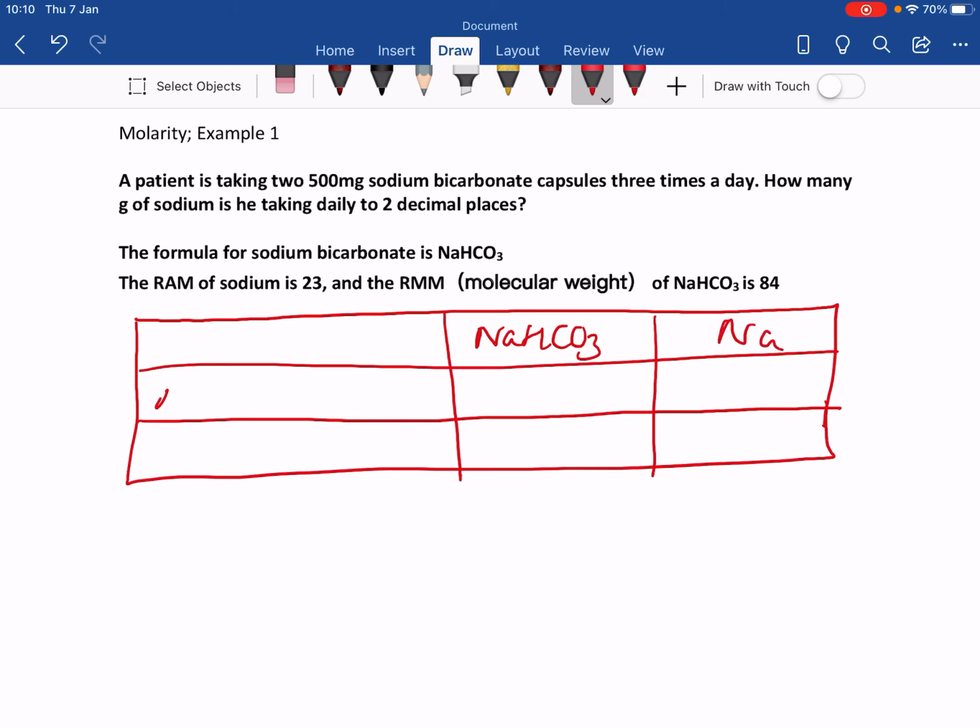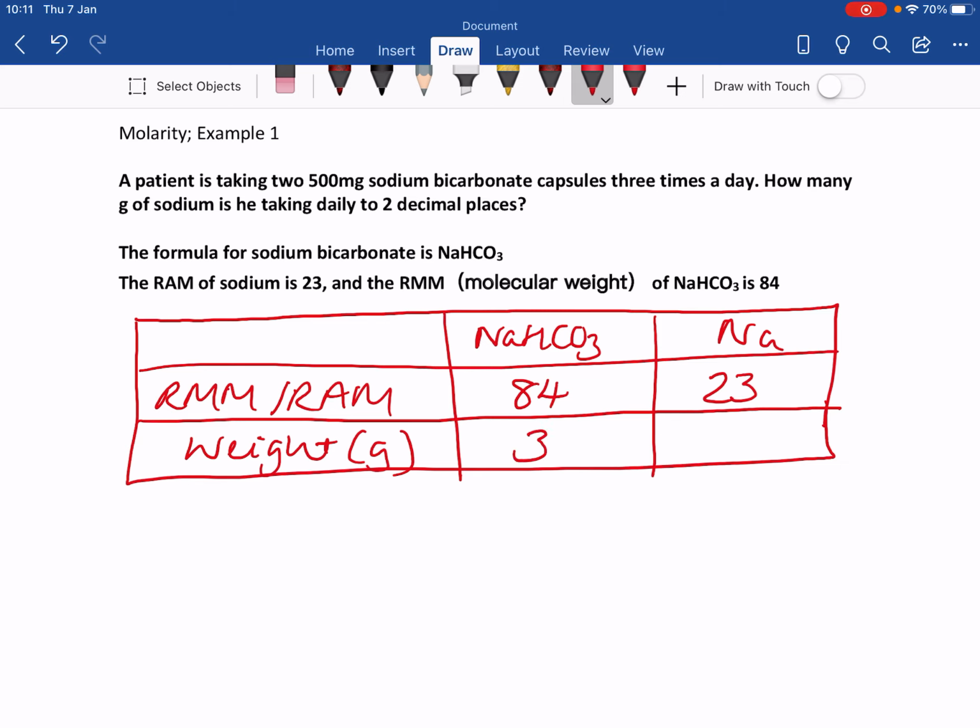We have the molecular weight, so the RMM or the RAM, and we have the weight in grams. So what we know is the relative molecular mass of the sodium bicarbonate and the relative atomic mass of the sodium. And we know that the patient, you'd still need to work out that the patient's taking 3 grams a day.